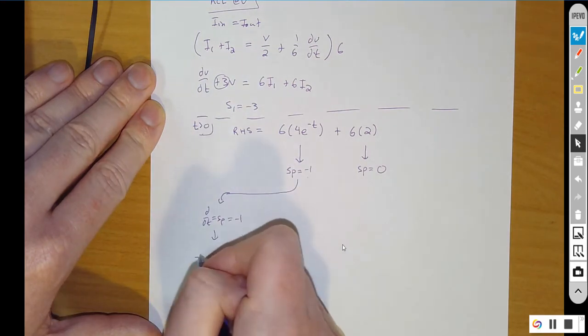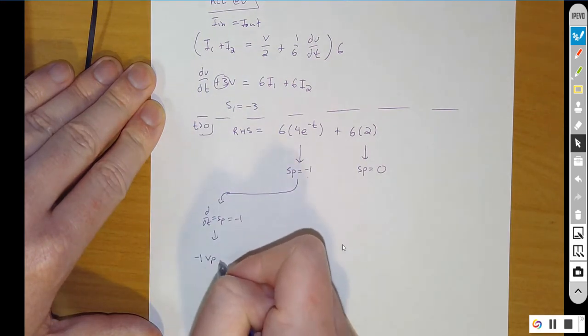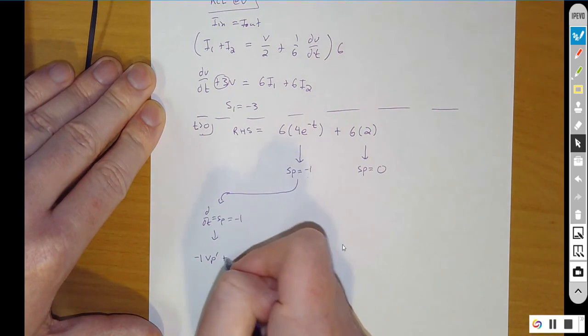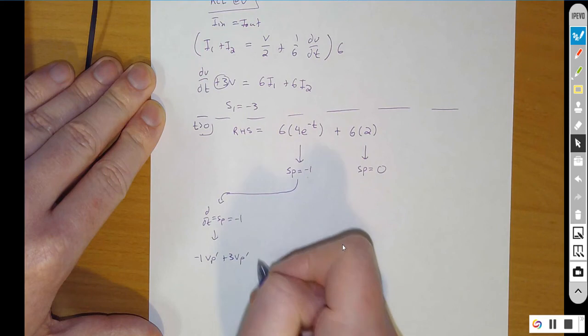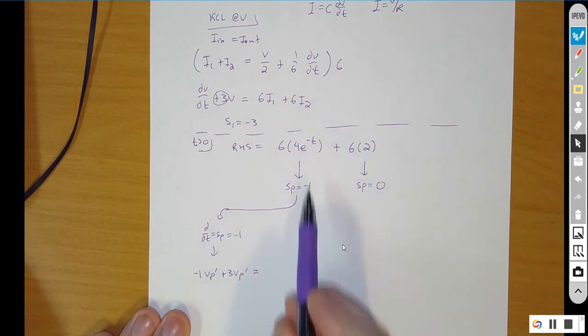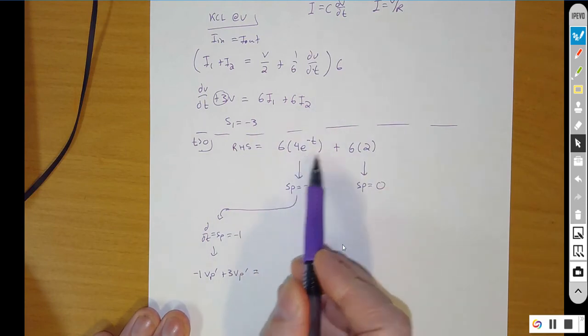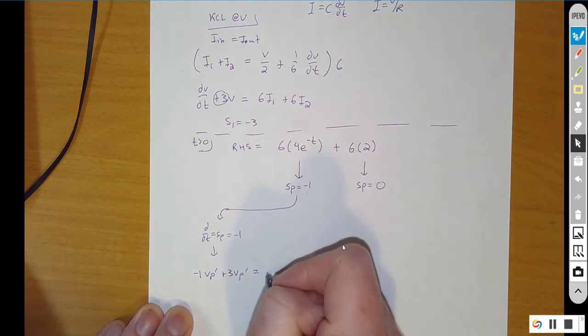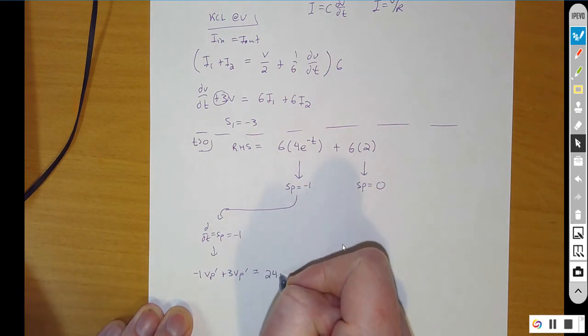So we're going to have a -1 v particular, we'll call it prime because we're doing superposition, plus 3 vp prime equal to, and this is the part that you do have to be careful about. We can't put in both pieces. We only put in this piece because this is caused by this one being on and this one being off. So that's equal to 24 e to the -t.